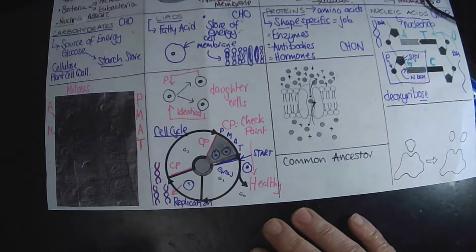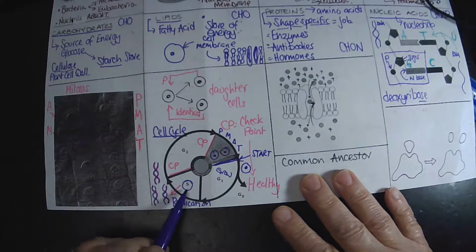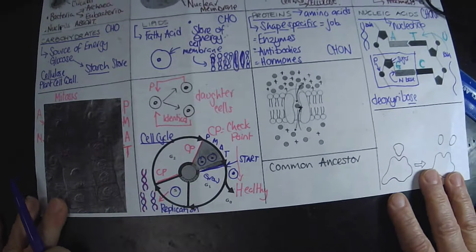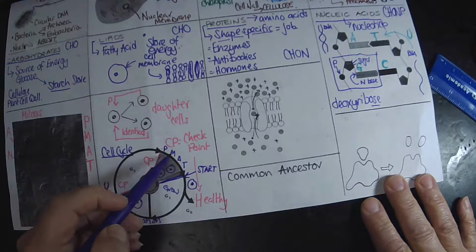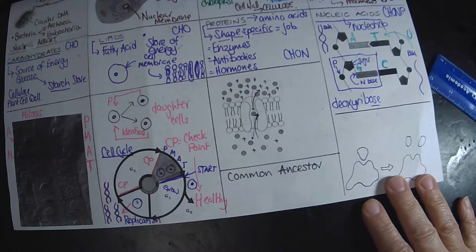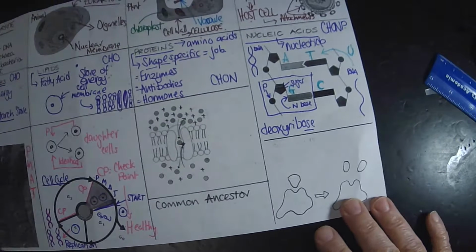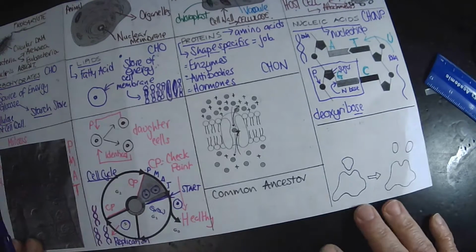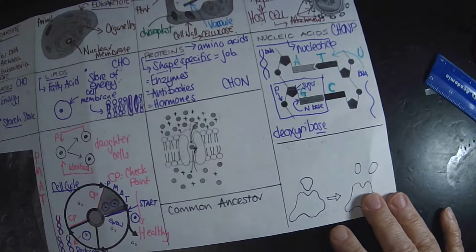Okay, that's the cell cycle. Remember, the S phase is where DNA replicates. The checkpoints make sure everything's working properly. And then we go to prophase, metaphase, anaphase, and telophase. Remember, meta is in the middle, and then they pull apart. That comes after it. That's anaphase.